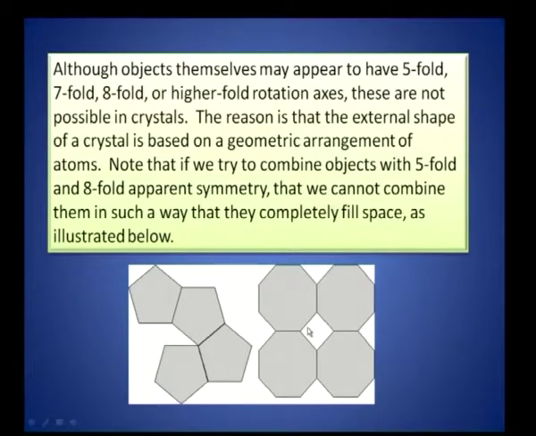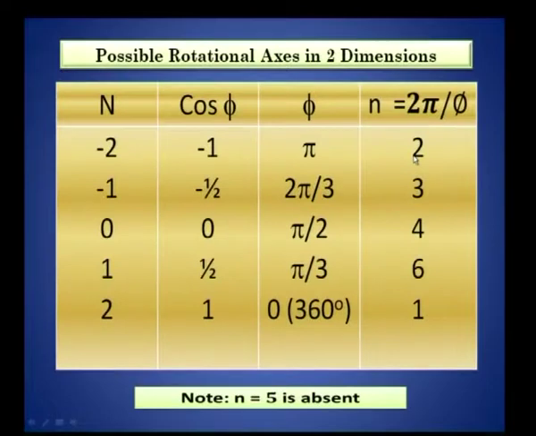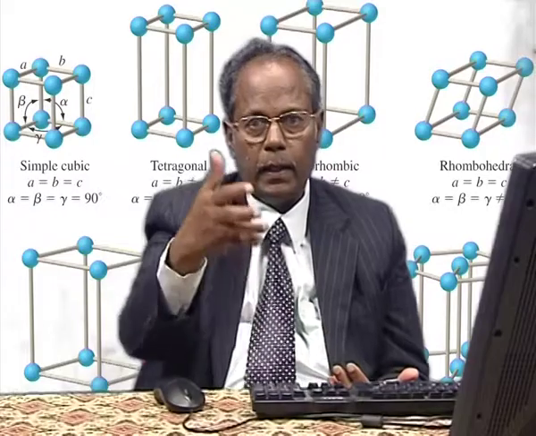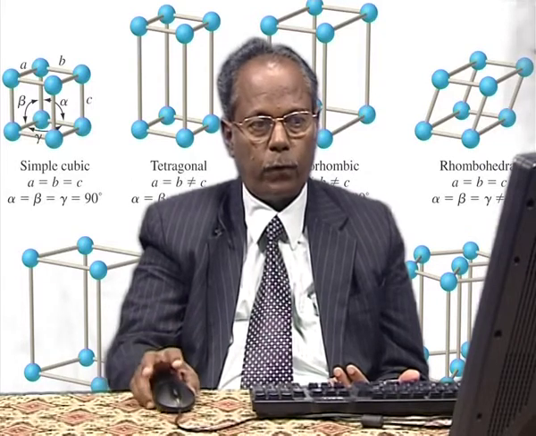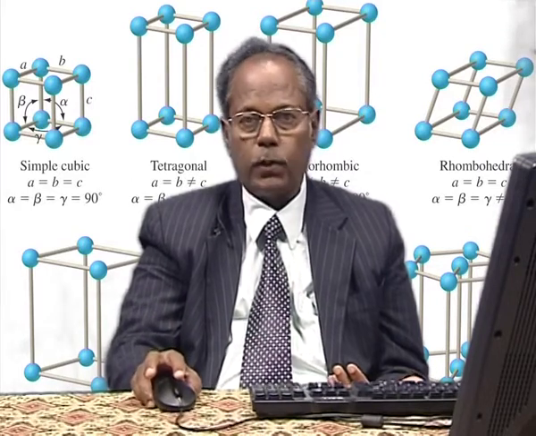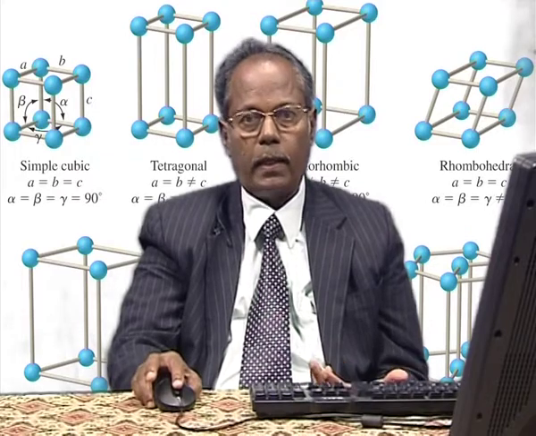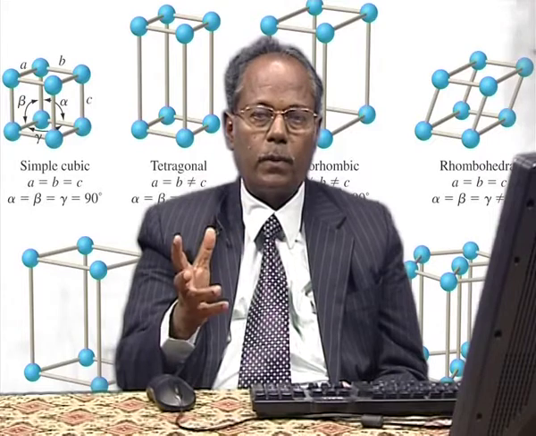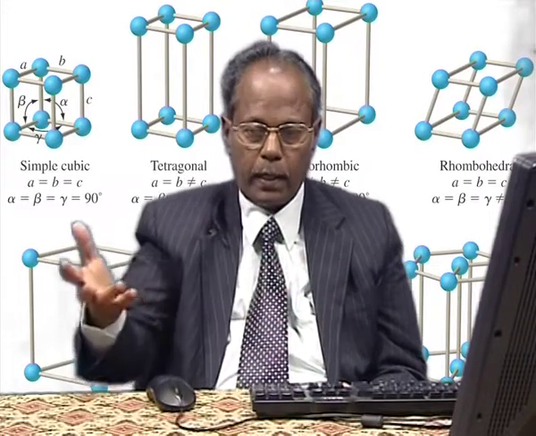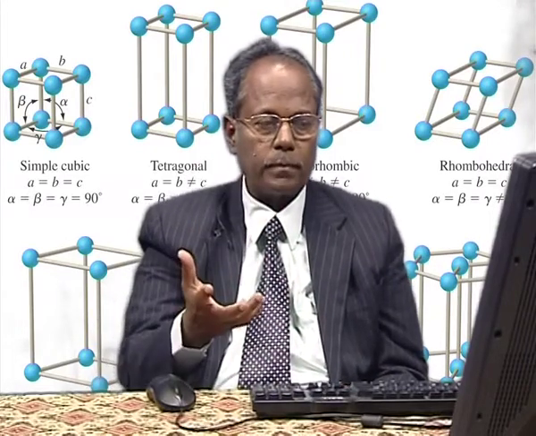So, in 2 dimensions, 2 refers to 180 degree rotation. When do you have 180 degree rotation? This table will have 180 degree rotation, it is a rectangle. 3 refers to an equilateral triangle, 4 refers to a square, 6 refers to what? A hexagon.